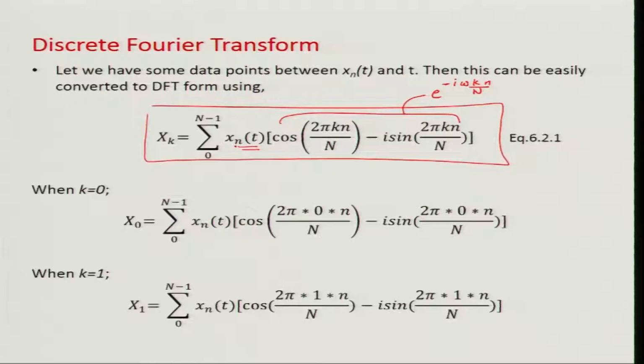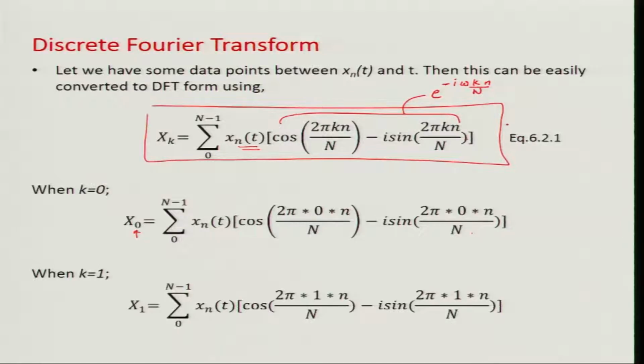So, what I have done is I have expanded this, and in this relation I have put k is equal to 0. So, when k is equal to 0, this expression becomes X0 equals sum of xn cosine 2 pi times 0 times n divided by capital N minus i sine 2 pi times 0 times small n divided by capital N. How did I get this?